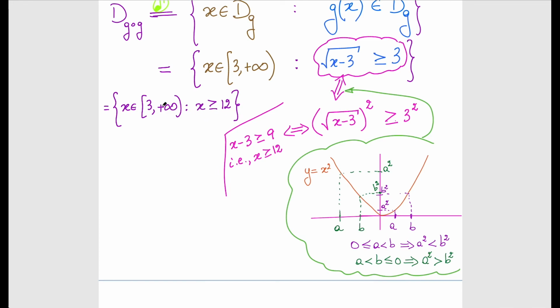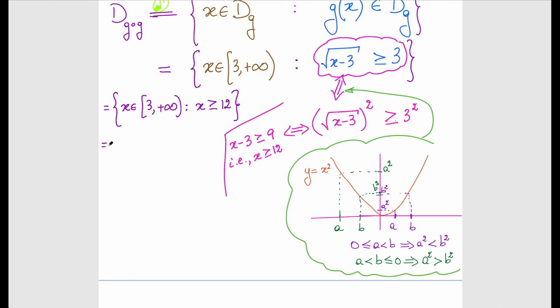So there is a redundancy here, obviously, right? So all real numbers that are from 3 onward and those numbers that are from 12 onward, this is the same thing as saying that you are only asking for those numbers to be from 12 onward, right?